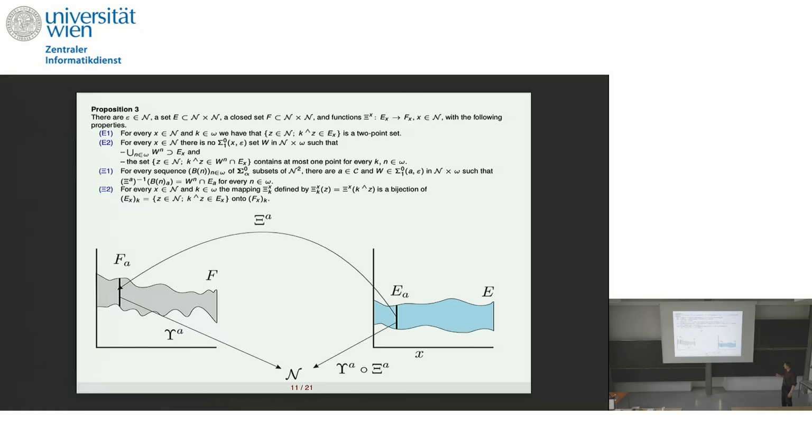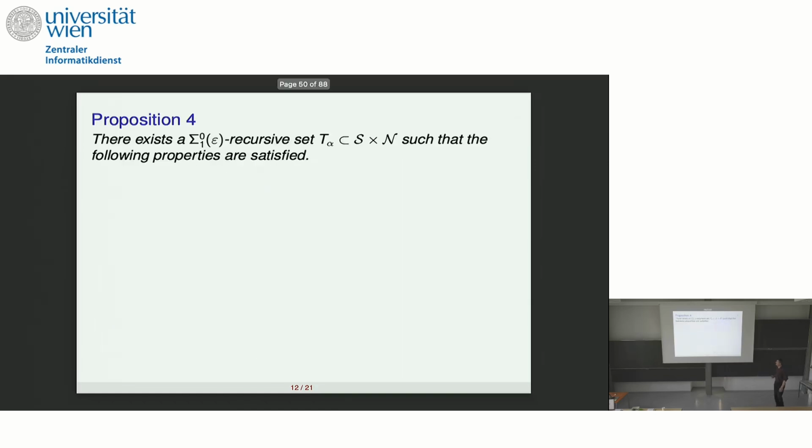Okay, we have some E as a starting point, and then to construct these mappings xi A. So let me start with the first item. This is captured in the proposition 4. And this says that there exists a sigma 0, 1 epsilon recursive set T alpha.